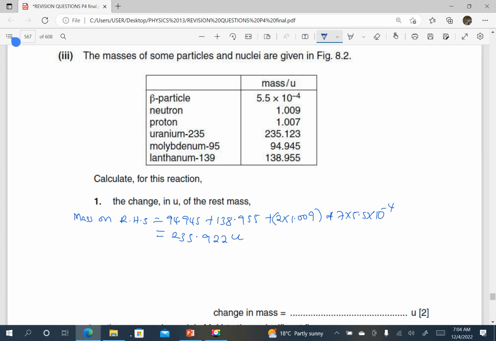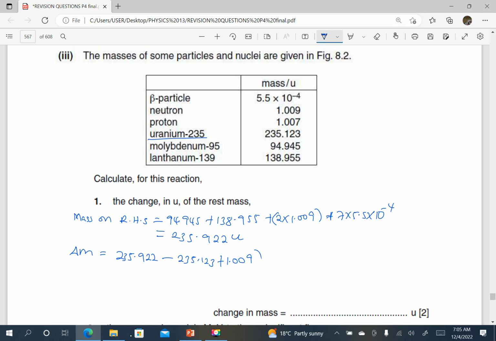So let's find the mass defect or the mass difference. The change in the rest mass is going to be equal to 235.922 minus the rest mass of uranium, which is 235.123, plus a single neutron, so plus 1.009.